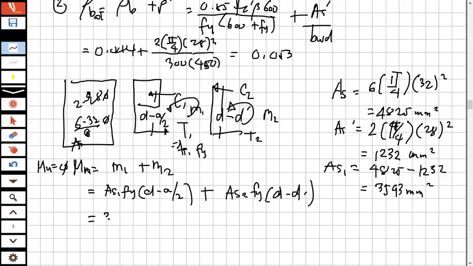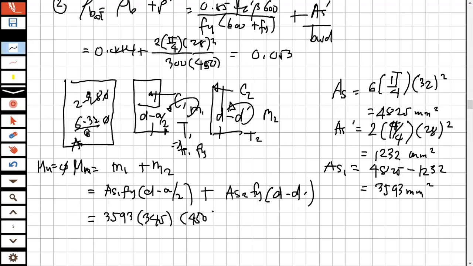So therefore, we can calculate now here. Substitute. You have 3593 for A_s1. Fy is 345. d is, calculate na ba natin ang d? Oh, ang d is given, 450 millimeter.